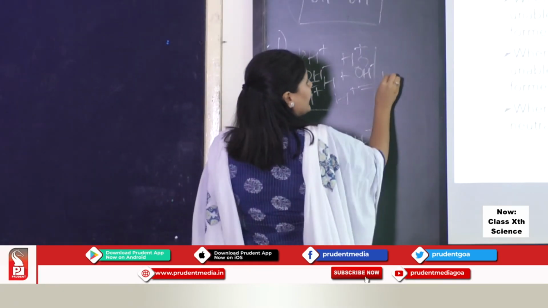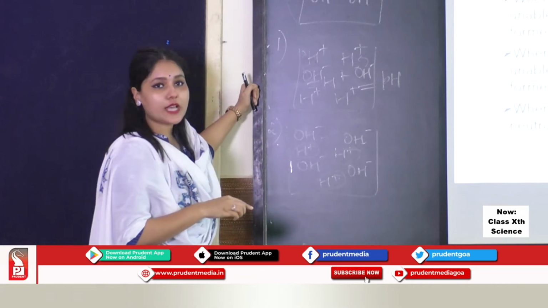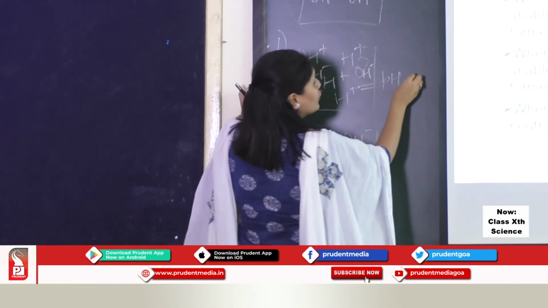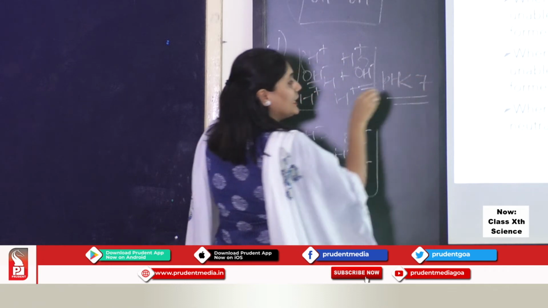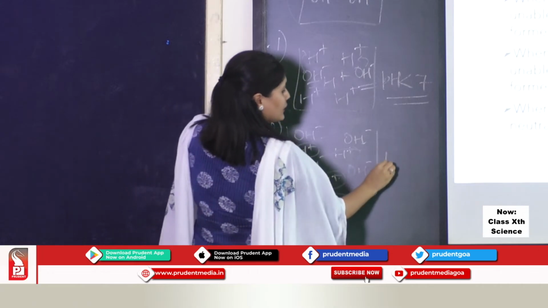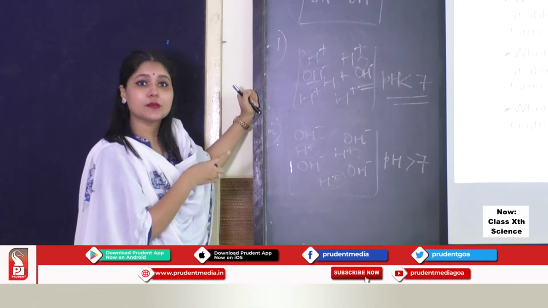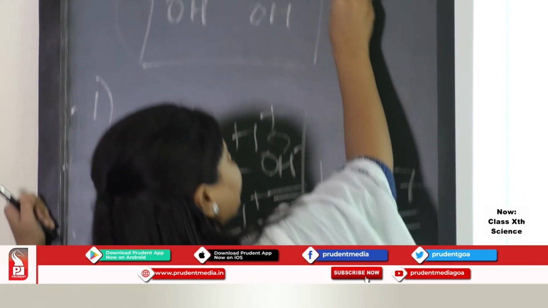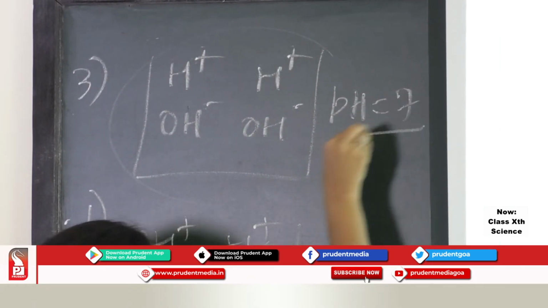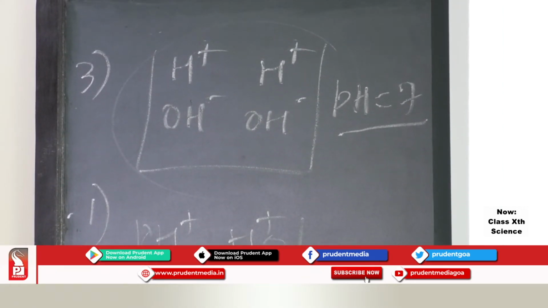So, over here in the first case, the pH value will be less than 7, indicating that it is an acidic salt. In the second case, the pH value will be more than 7, indicating that it is a basic salt. But in the third case, the pH value will be equal to 7, indicating that it is a neutral salt.